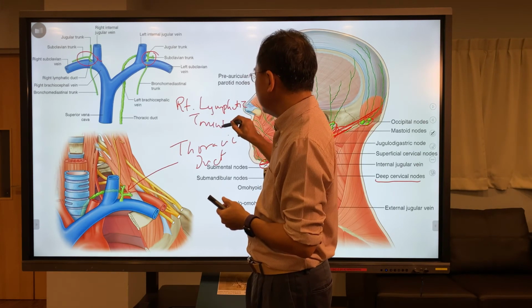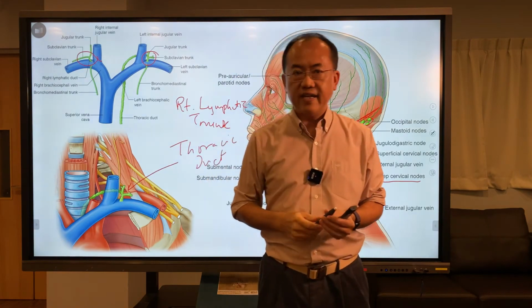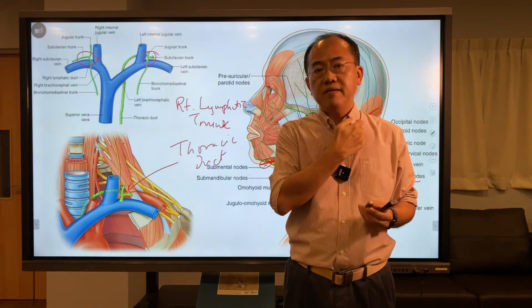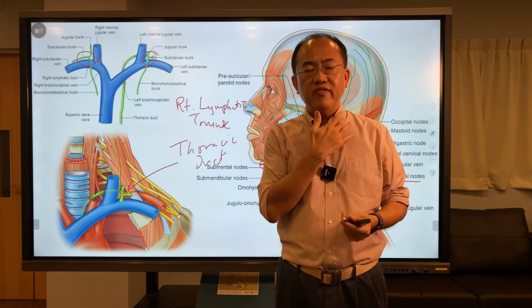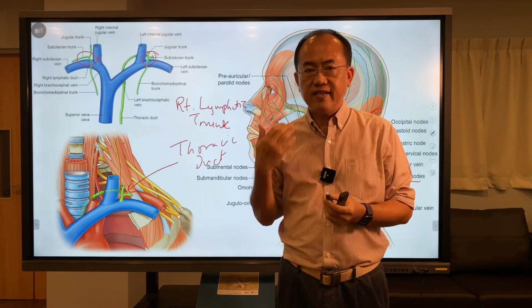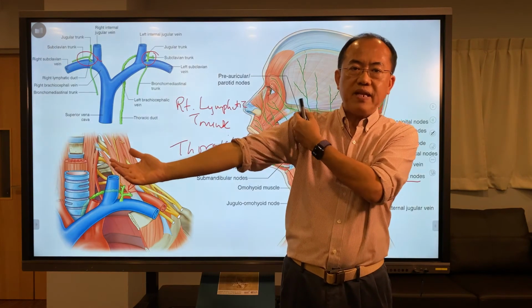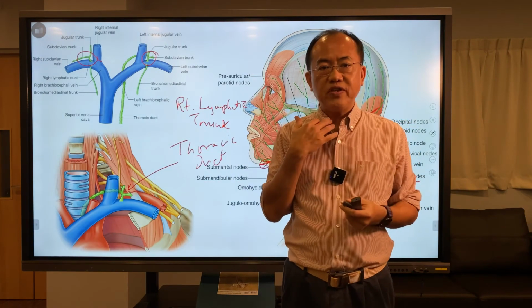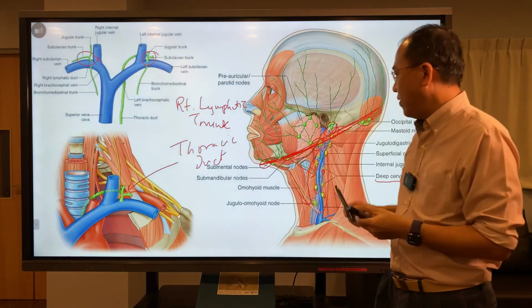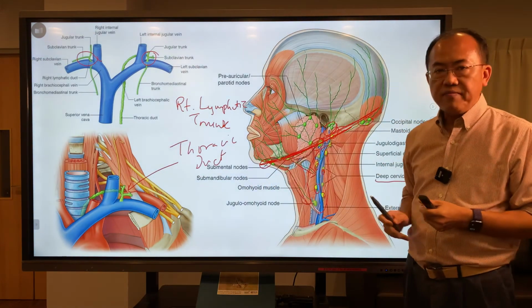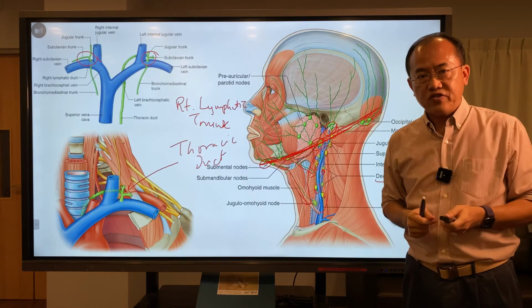Some textbooks will call this the right lymphatic duct. They are the same, right? Remember, most parts of the body will drain eventually to the thoracic duct. The right side of the head and neck, as well as the right upper limb and the upper part of the chest, will drain to the right lymphatic trunk. Okay, take note, these are the lymph nodes that will receive lymphatic drainage from the head and neck region.